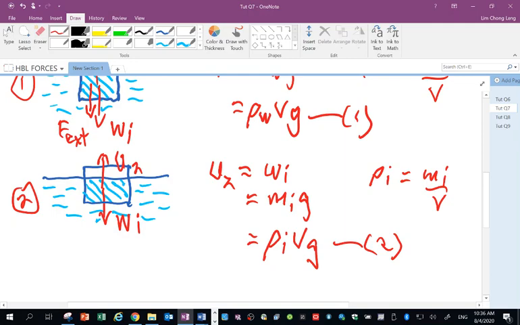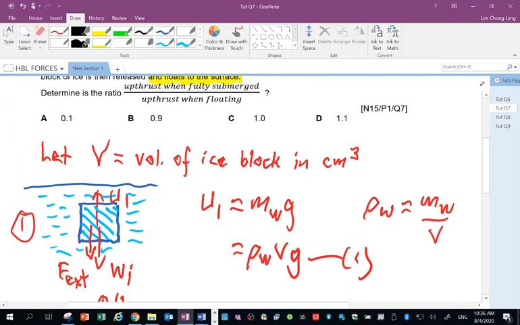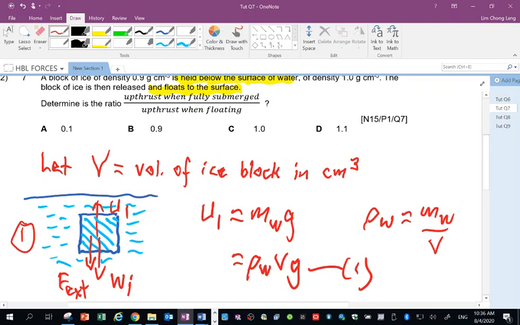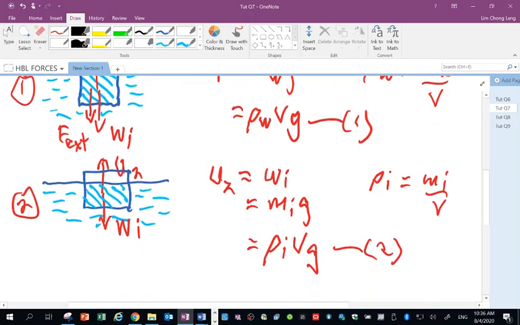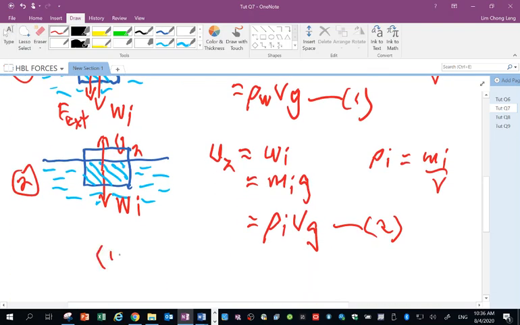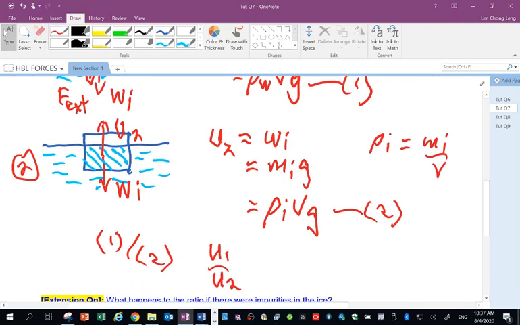Now, if you look at the ratio that I'm interested in up there, this ratio is actually U1 divided by U2. So U1 divided by U2 equals density of water times Vg over density of ice times Vg.